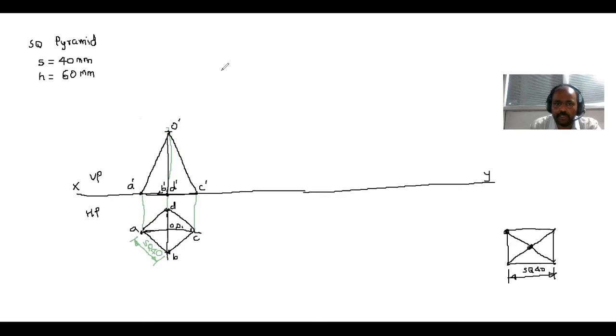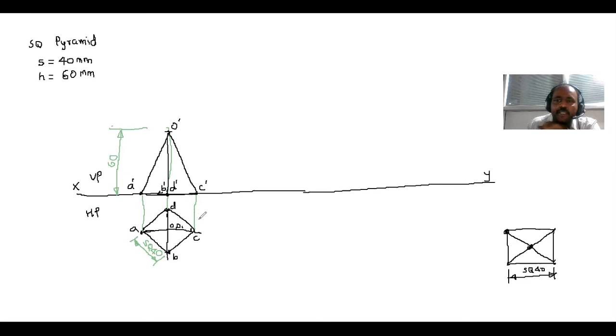Now I give the dimensions. The height of the object is 60 mm. So this is the first stage of the drawing. I draw the front view and the top view of a square pyramid.